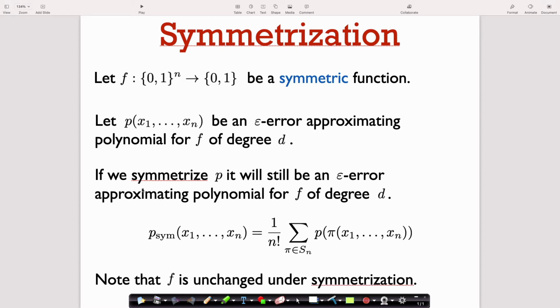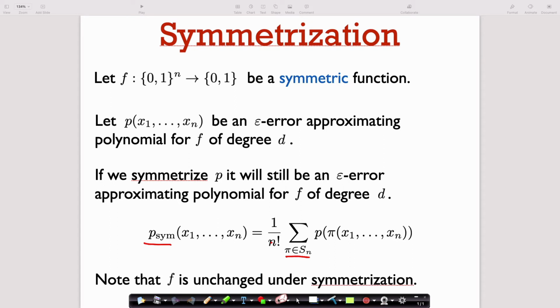Now what we're going to do is symmetrize p. So that means we are going to create a new polynomial, p sim, by summing the original polynomial over all possible permutations of the input variables. And then we normalize by 1 over n factorial.